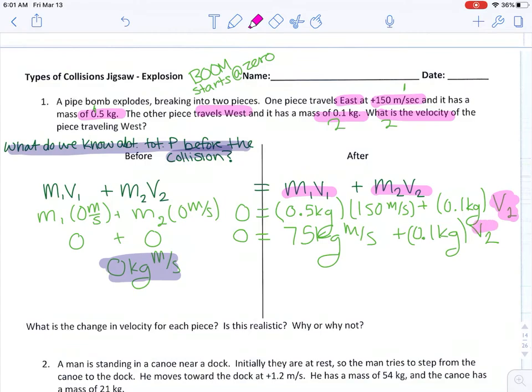Now, because of this velocity 2, we cannot add these together. They do not both have the same variable at the end, that V2. If there was 75 times V2, then we could add them together, but we cannot because of that V2. So what we're going to have to do is get rid of this 75 and subtract it to the other side.